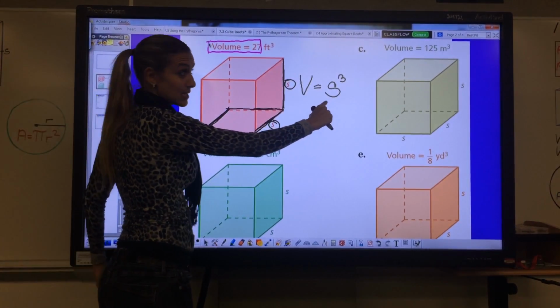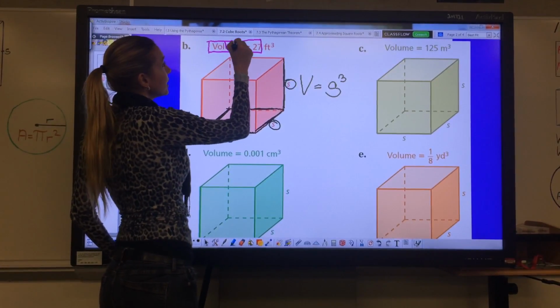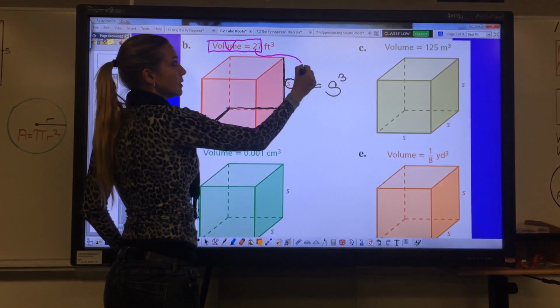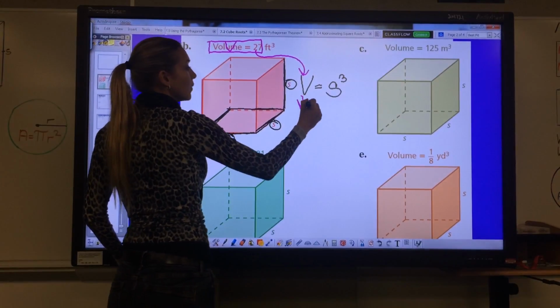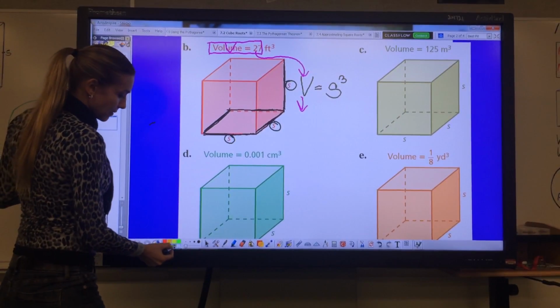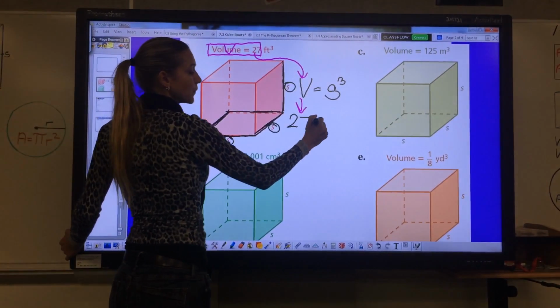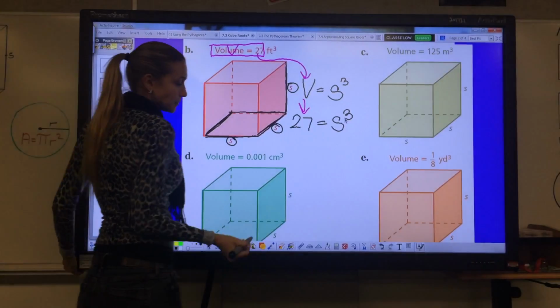You need to find S. What is the measure of each side? So you will substitute in the V with what V is equal to. It says V is 27. So everywhere I see V, I will plug in 27. So I have 27, which is the V, equals side to the third power.